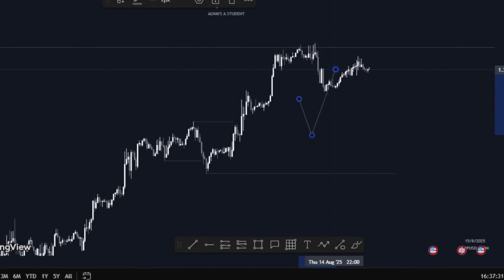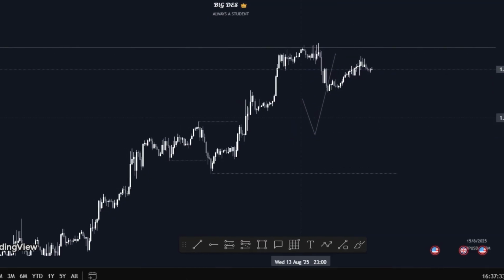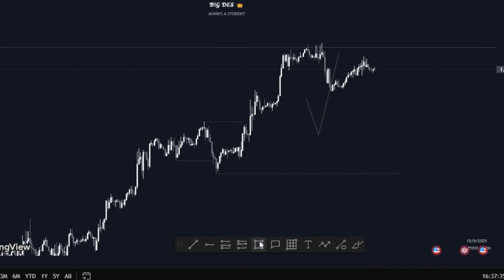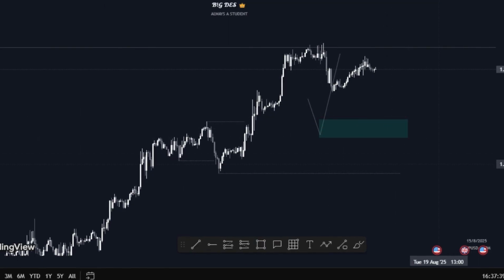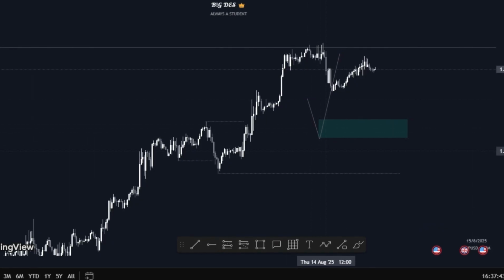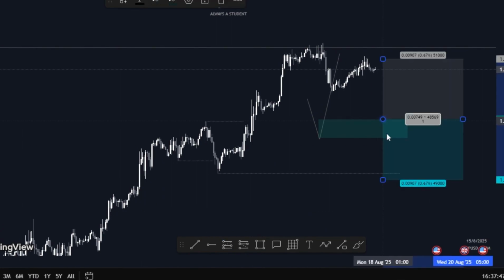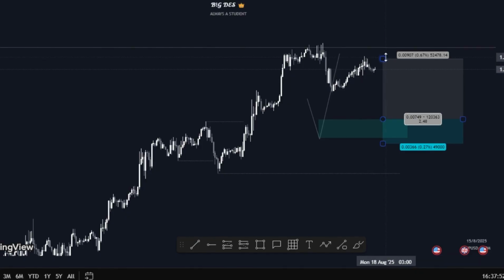Why? Because from this V shape, there will definitely be a candle where early traders would like to get in. Early buyers would like to get in, expecting price to pump when it gets to the other block or whatever they may be calling it.